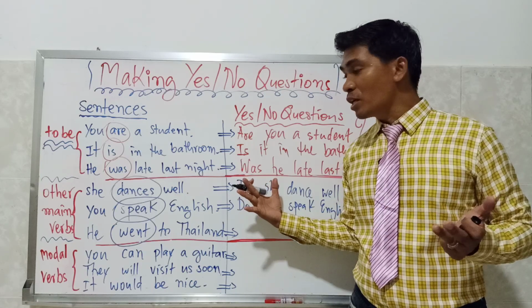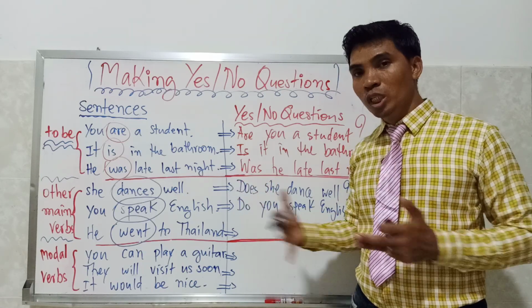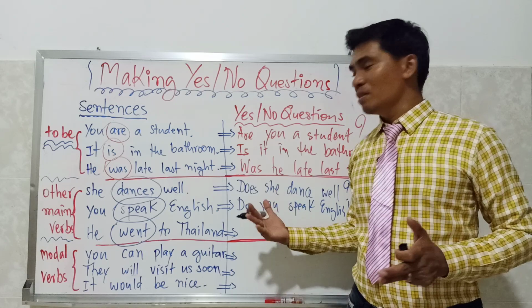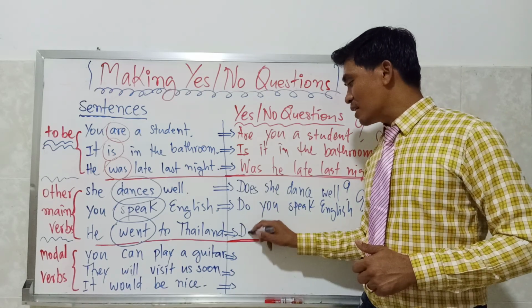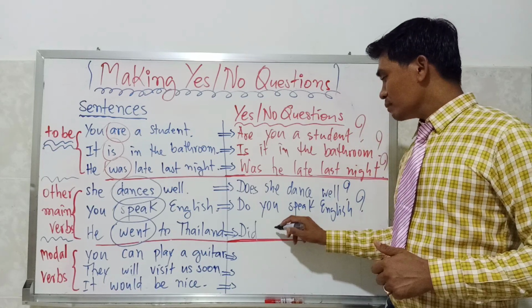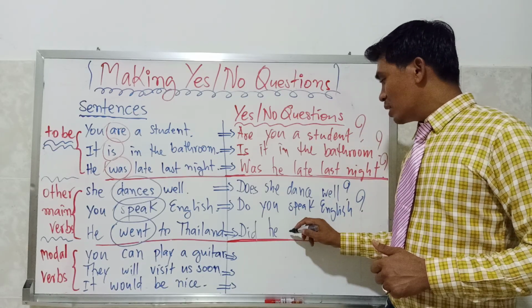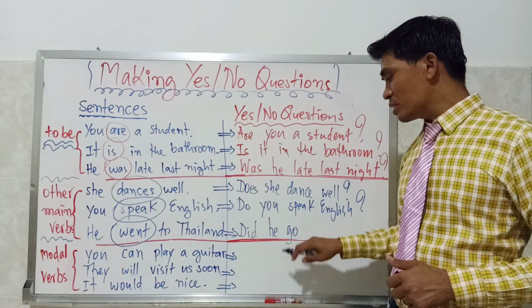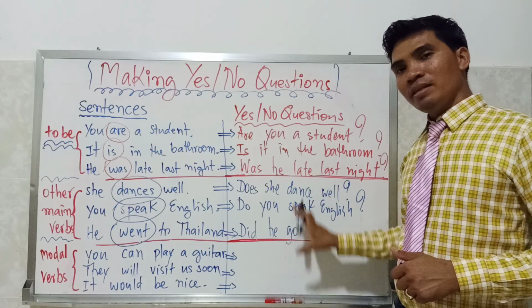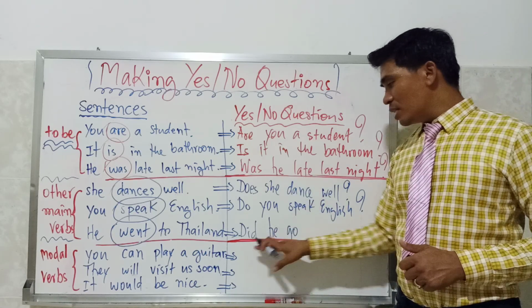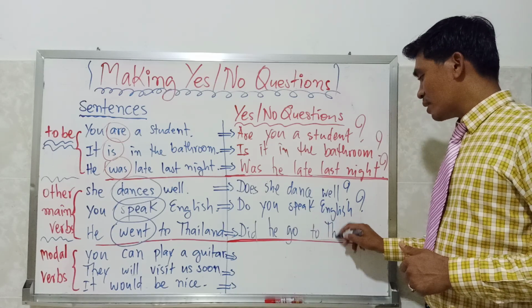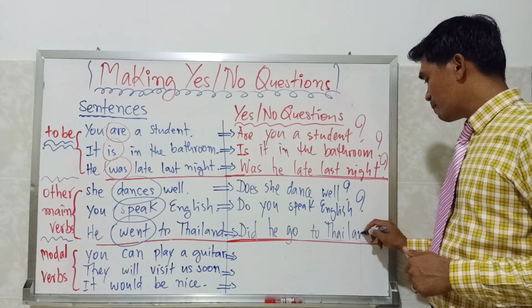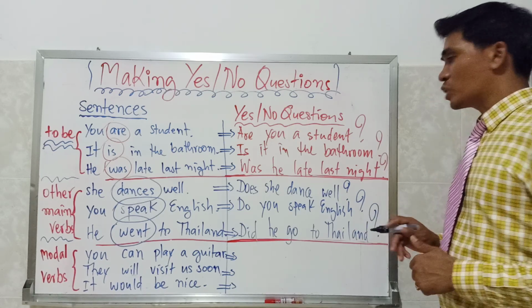No, because in past tense, do is wrong. We use did. So, did he go? Because that part is the base verb. Did he go to Thailand?